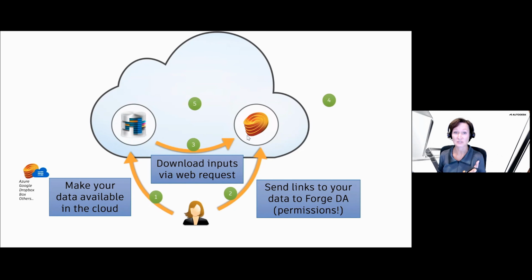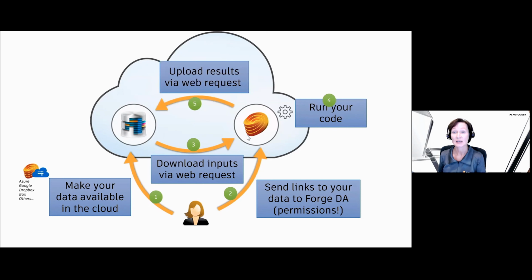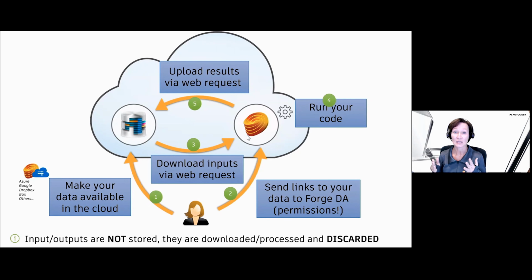So once your job starts, Forge pulls that data, runs your code, runs your application, might make some necessary updates, changes, and then uploads the results into the location that you specify. After that is done, we completely clear out the machine, and we don't have the knowledge of that data anymore.